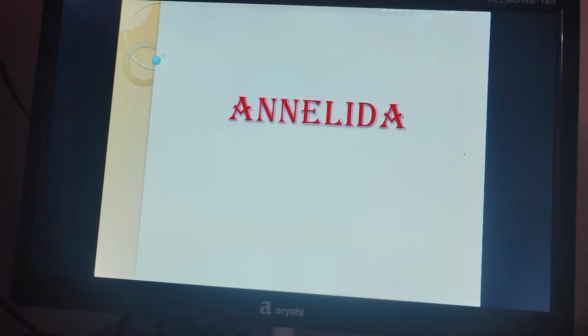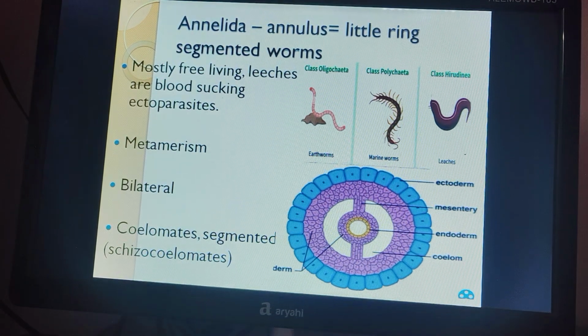So Annelida. Why is it called Annelida? Here, annulus. Annelida, annulus. Annulus means little rings. That means these organisms have segments or rings on their body.